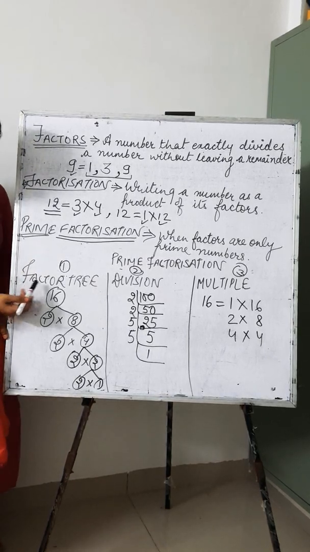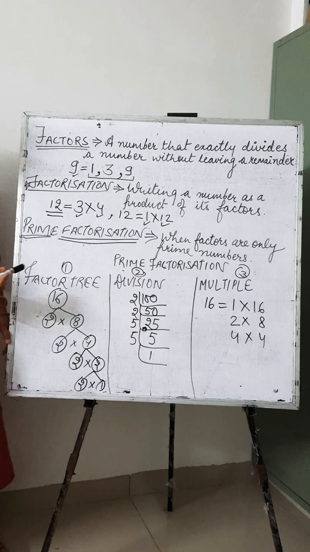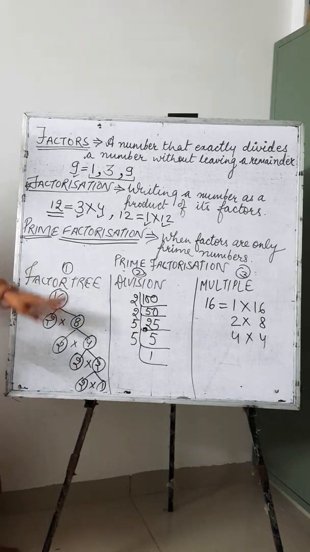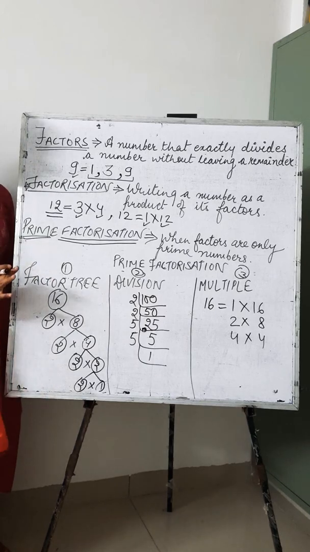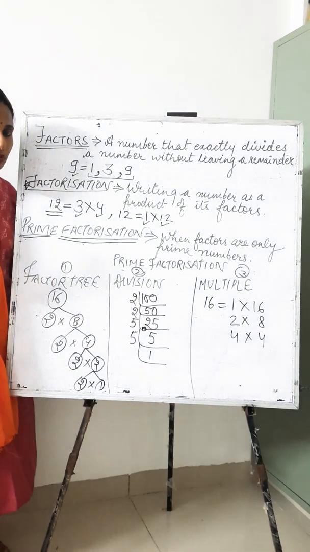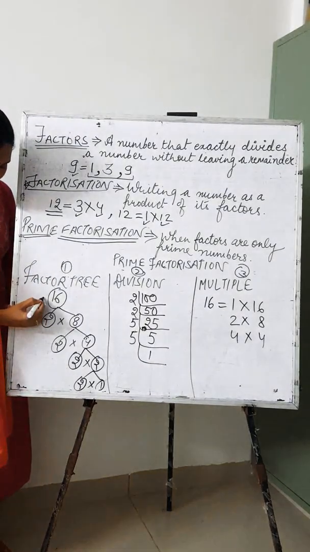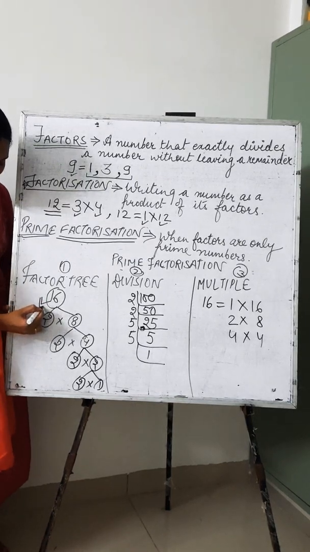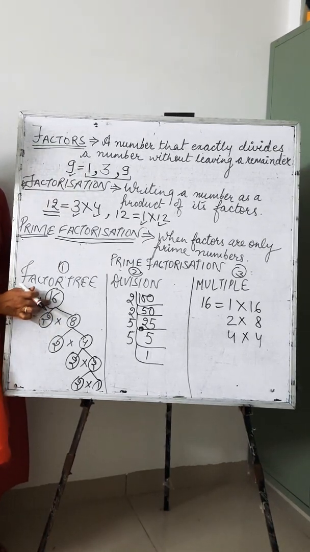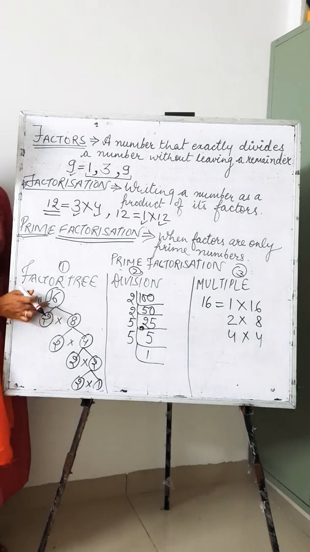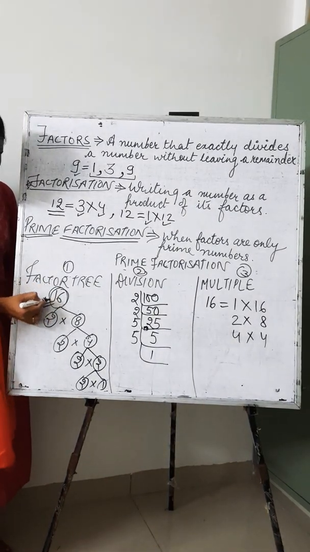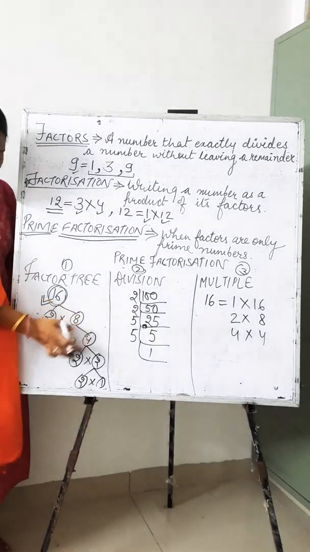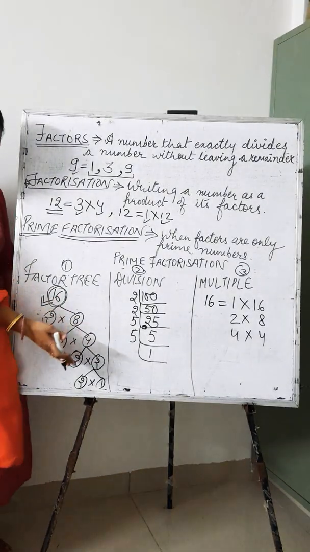Factor tree means what? Whatever number is given to you, that number will be the root of the tree you are going to draw. Here I have given in the question that 16 is the number. You have to find the factors of 16. So 16 will be the root of this tree, and the other numbers will be the branches.